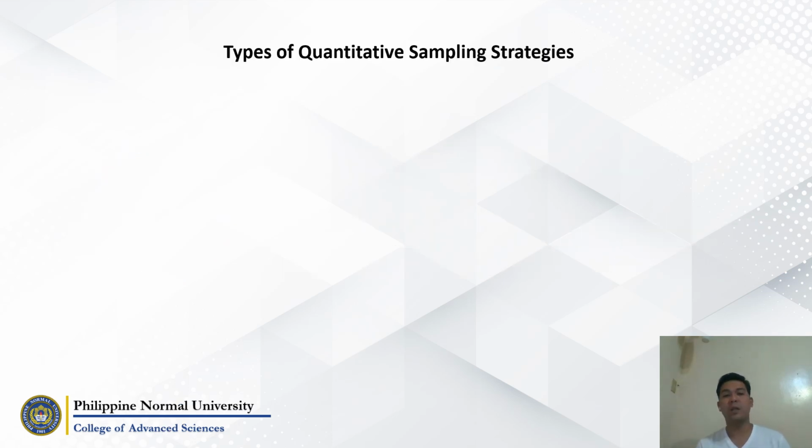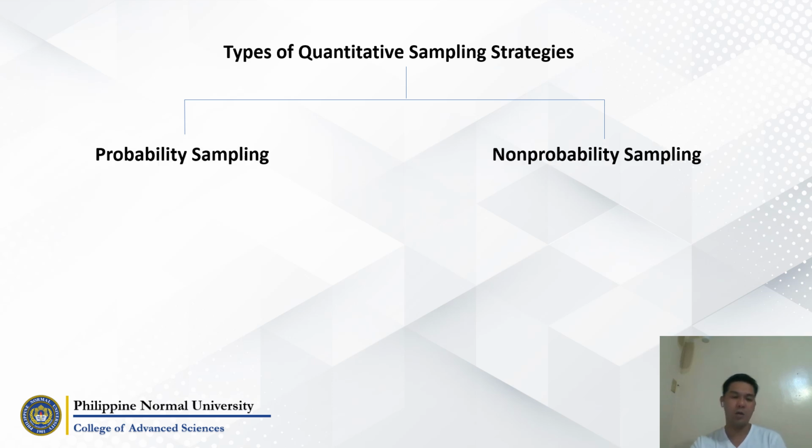So what are now the types of quantitative sampling strategies that a researcher can employ in his or her study? We can have the two, probability sampling or non-probability sampling, depending on the availability of the participants or respondents that you have.